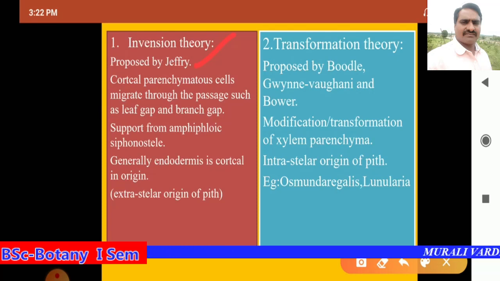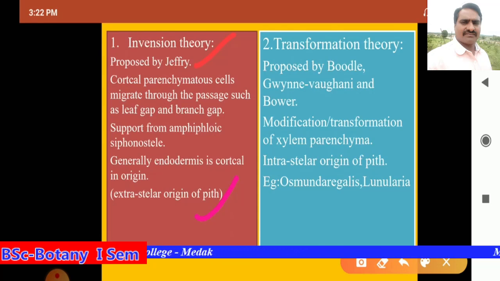So this theory is called invention theory. It was first proposed by Jeffrey. This theory is also called extrastelar origin of pith, so the pith originates from outside the stele. What does other than the stele mean? It is not from xylem or phloem or pericycle.